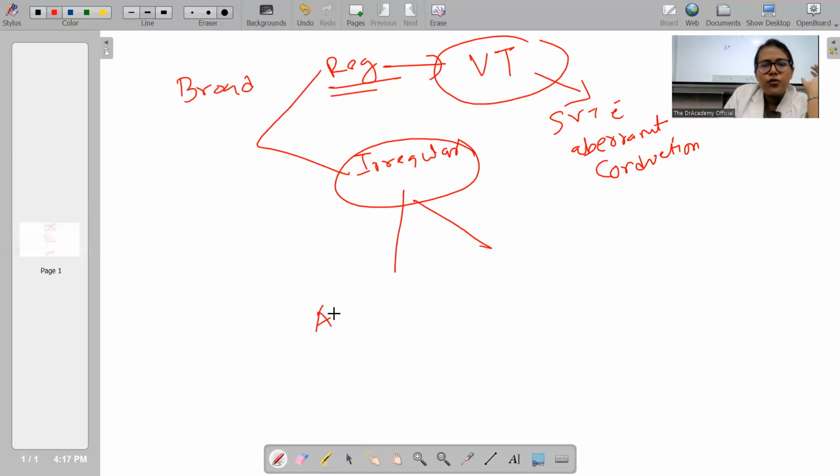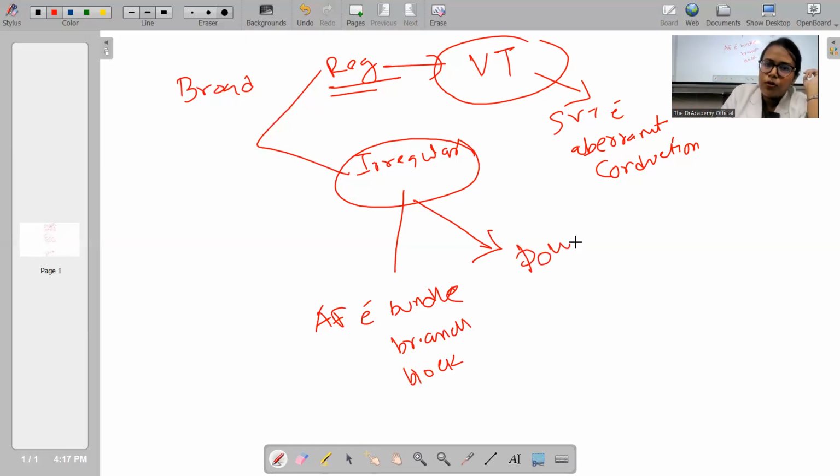One is atrial fibrillation with bundle branch block. And if this is irregular, another common possibility is polymorphic VT. And I don't know how many of you have encountered this in your clinical practice. One of the common variants of polymorphic VT is torsades de pointes.